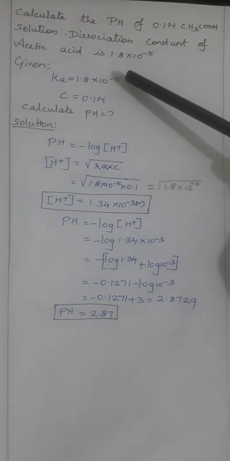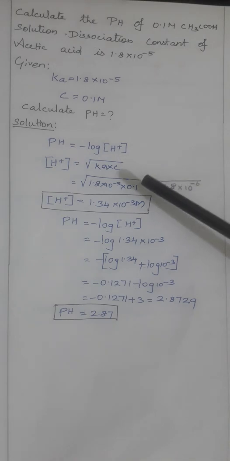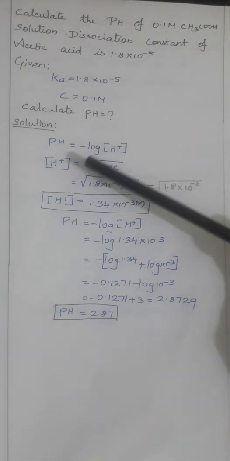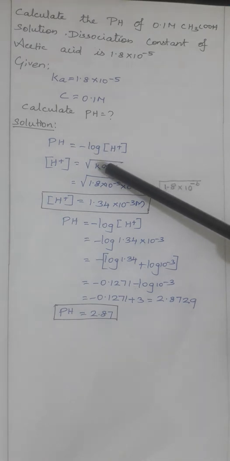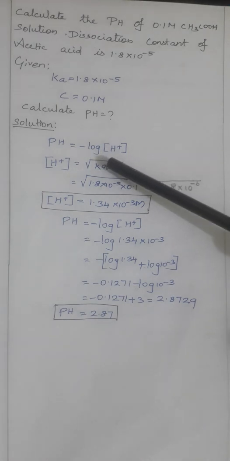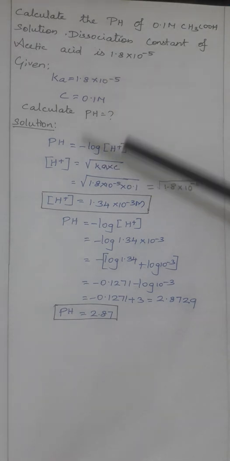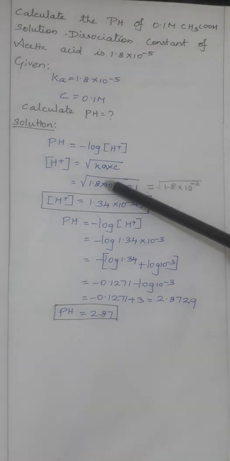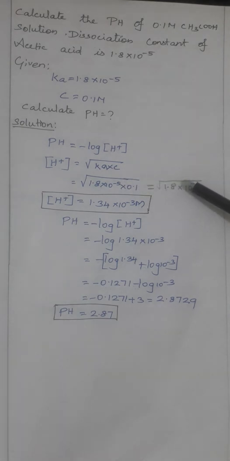Ka is already given, so first you have to calculate the H plus concentration. H plus concentration is equal to root of Ka into C. What is the Ka value? 1.8 into 10 power minus 5. What is the concentration value? 0.1, that is 10 power minus 1. 10 power minus 1 into 10 power minus 5 becomes 10 power minus 6.